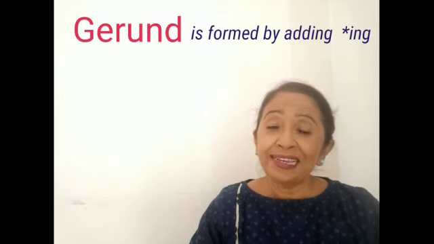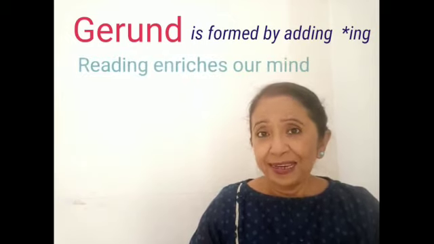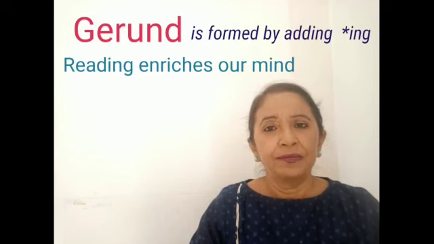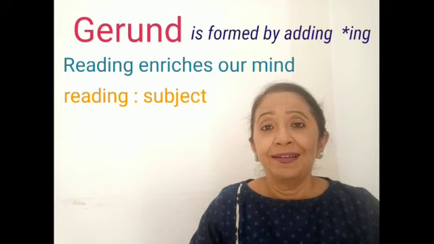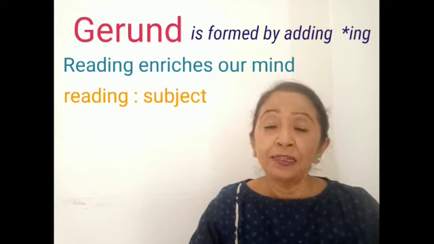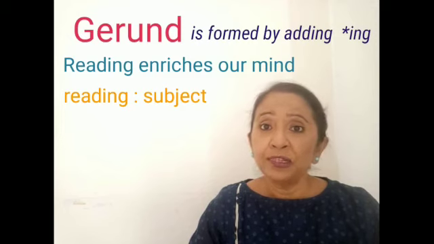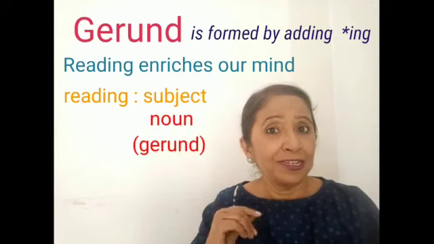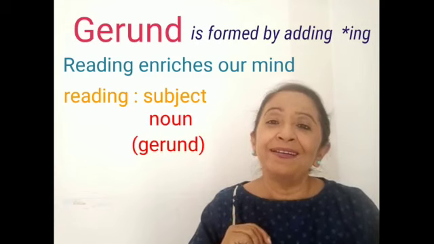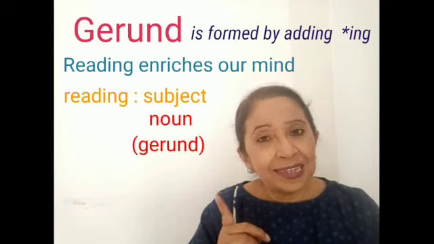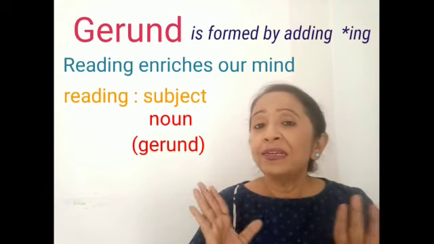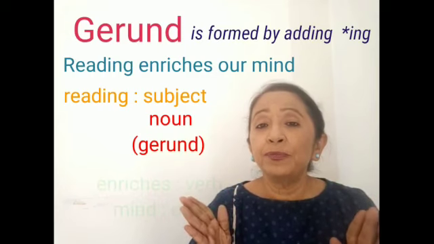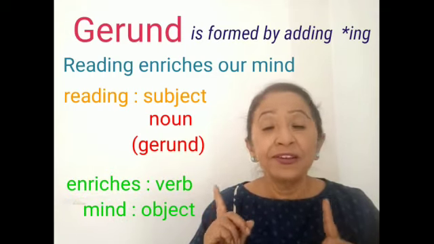Now let's take the second sentence. Reading enriches our mind. Now what is the subject over here? The subject is reading, obviously. But reading is not a pronoun, so it has to be a noun. You got it? So reading over here is a noun because it's the subject of the sentence. And no activity is going on. We are just talking about some activity, and that is reading.